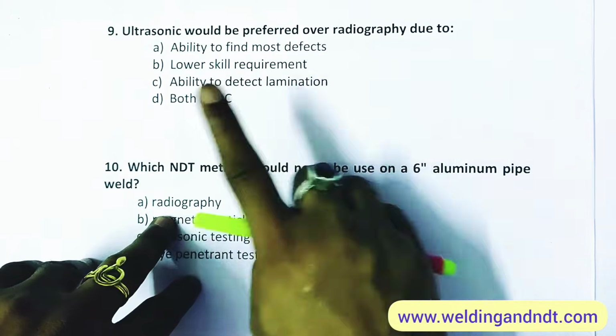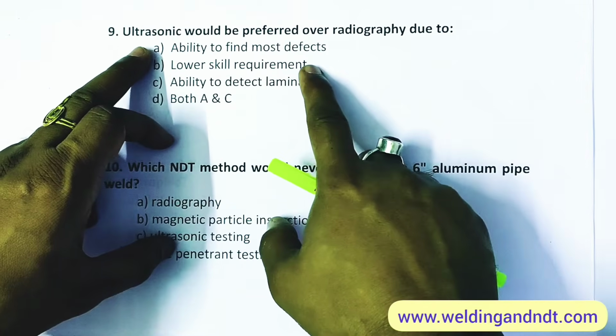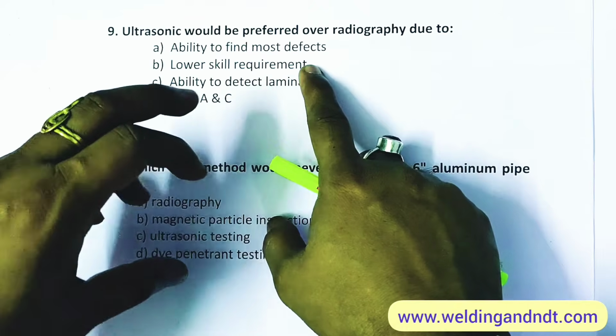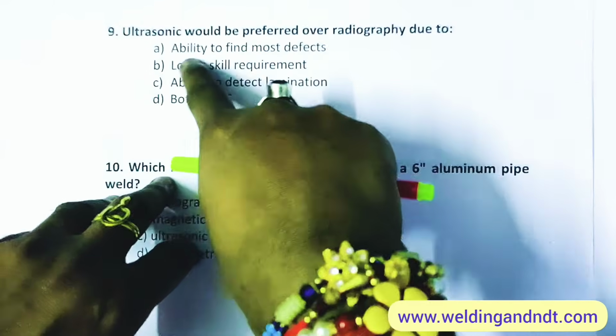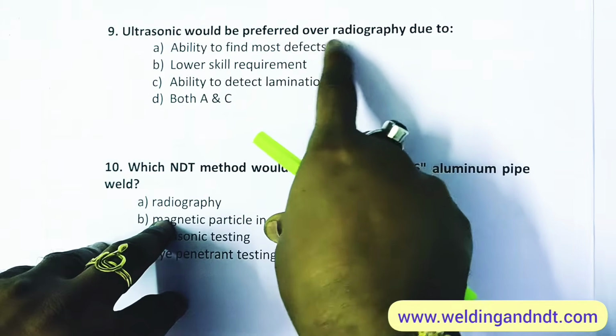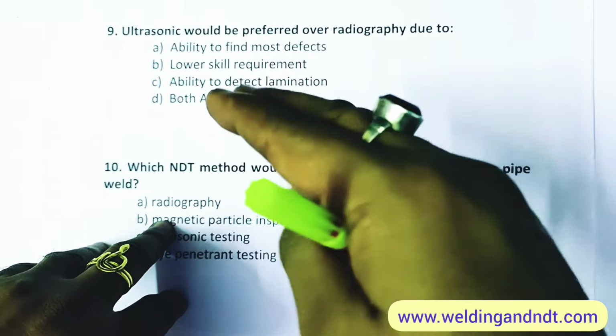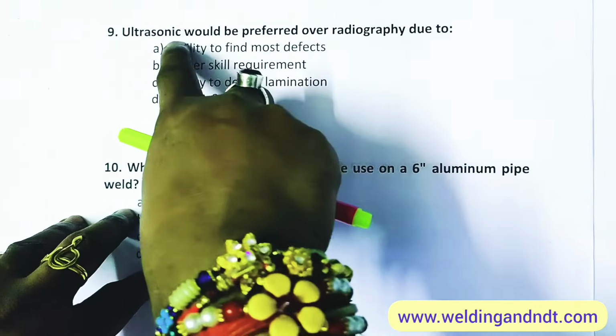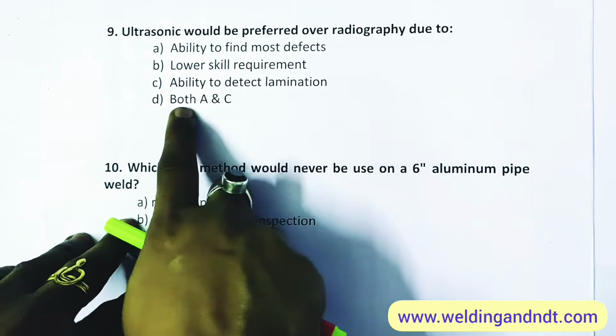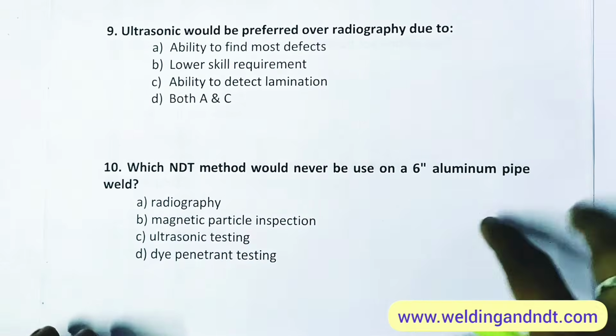Lower skill requirement, no. In ultrasonic testing the operator skill should be very high. So this is not the answer. Ability to find most defects, yes. With the help of ultrasonic test we can detect more defects if we compare other NDT methods. So the answer will be A and C, that is D, both A and C.